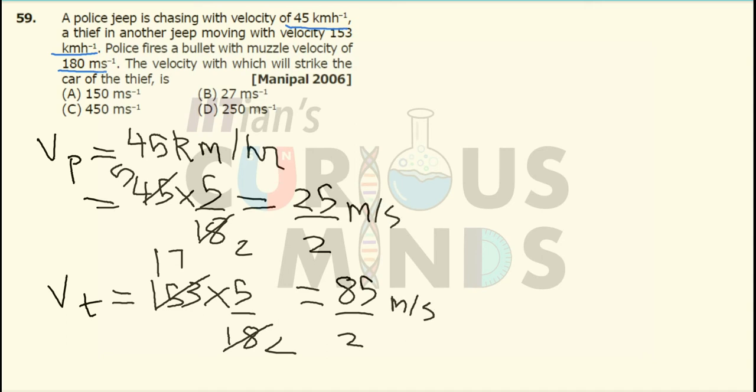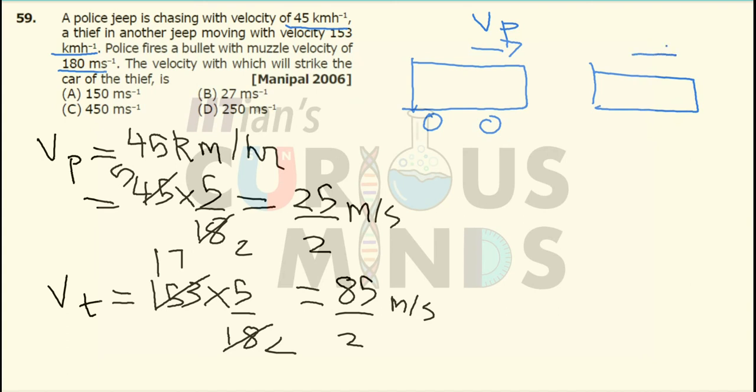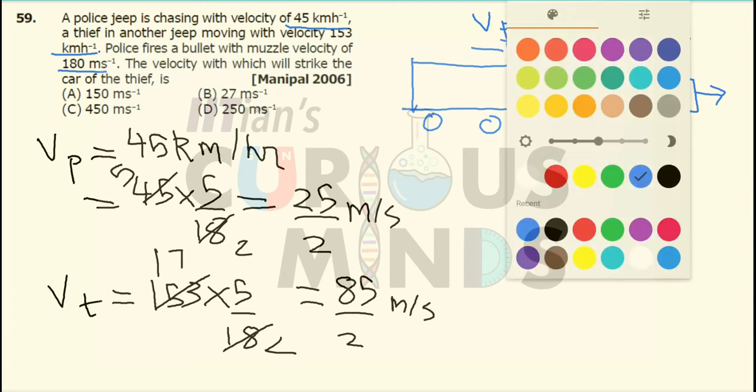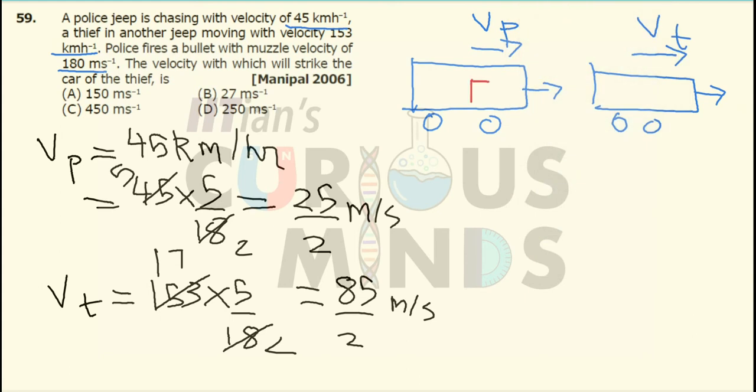Now let us see what is happening in this sum. If I consider a police jeep moving with a velocity of Vp, and a thief jeep moving with a velocity of Vt, both are moving, let us assume, in the same direction. It is not specified, but let us assume the same direction. Now the muzzle velocity means there is a policeman sitting inside who fires a gun.